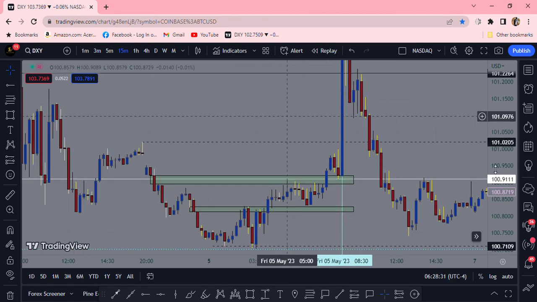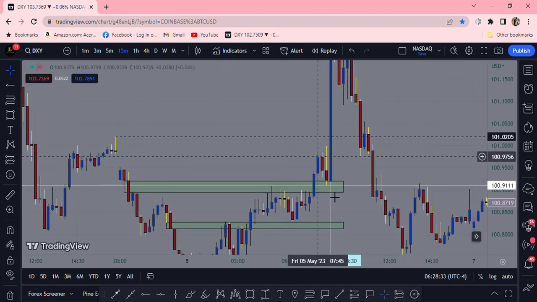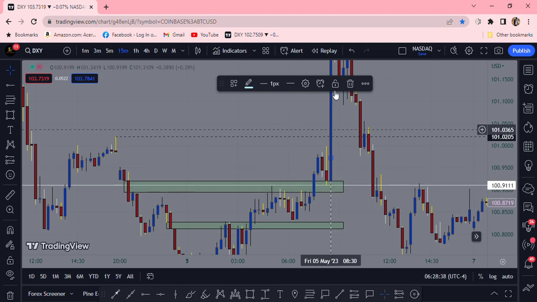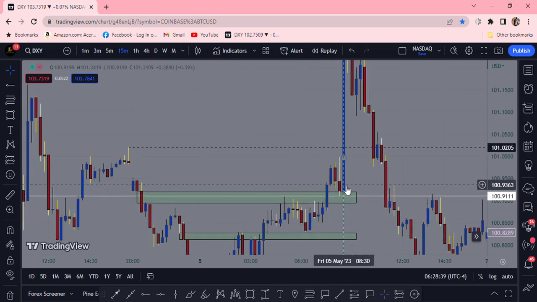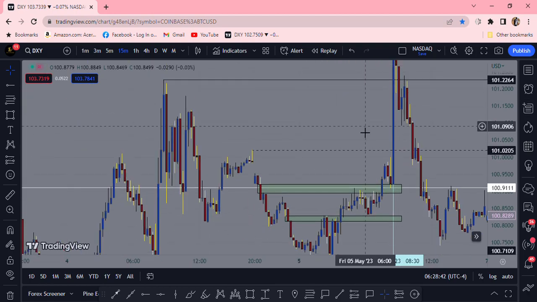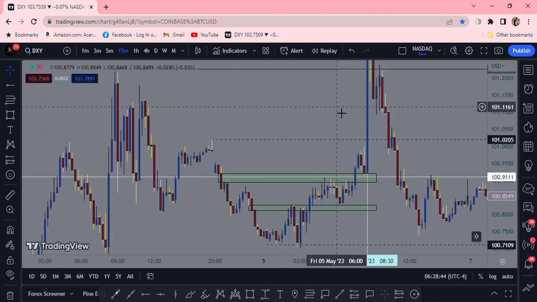So for this instance, when I anticipated this bullish dollar to go up on NFP Friday, that already told me what's going to happen. I'm predicting a bullish dollar, so gold sells and USD JPY buys, and then I'll sell Nasdaq, sell US 50.